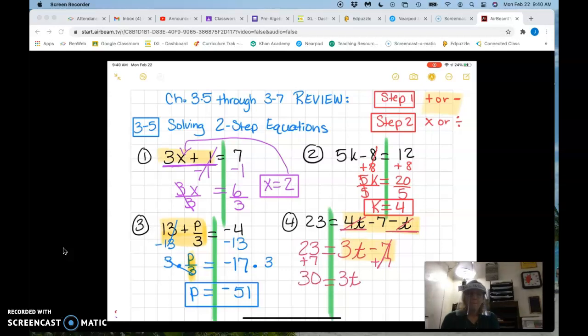So now, remember, when two things are written next to each other, it means multiply. 3 times t. So what is the opposite of that? Divide what? By the 3, whatever's next to the variable. Whatever I do to one side, I have to do to the other.